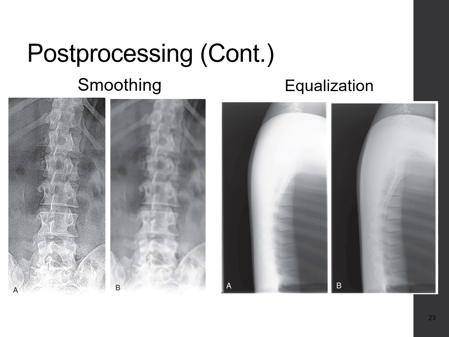So you can see you lose a lot of that sharpness, but it's trying to take this probably non-diagnostic image and convert it to more of a diagnostic image. Over here, you can see we know that T-spines are going to be really difficult to penetrate at the shoulders, easier to penetrate in the middle, and more difficult at the lumbar. And so we would have a very bright image at top and then a darker image down below. So this tech has applied equalization to try to make that image a little bit more consistent.